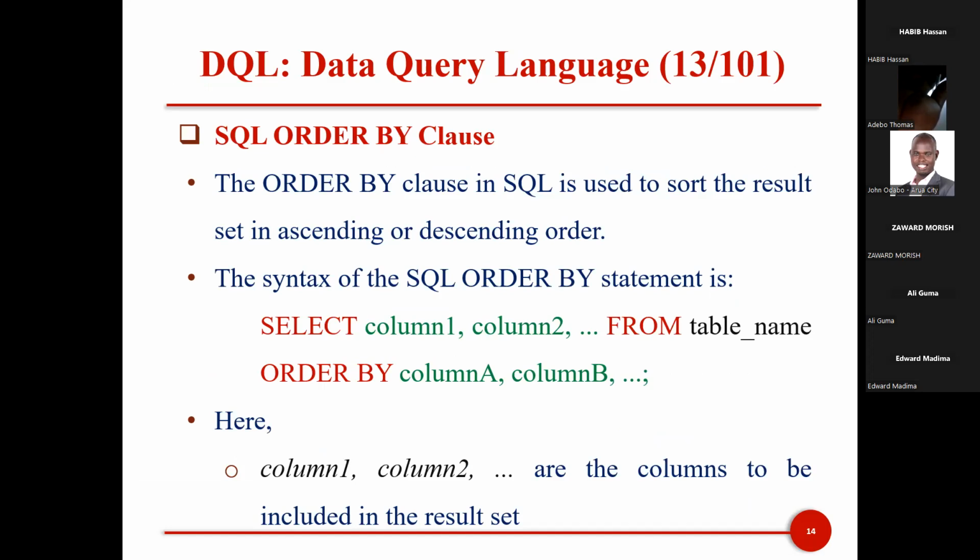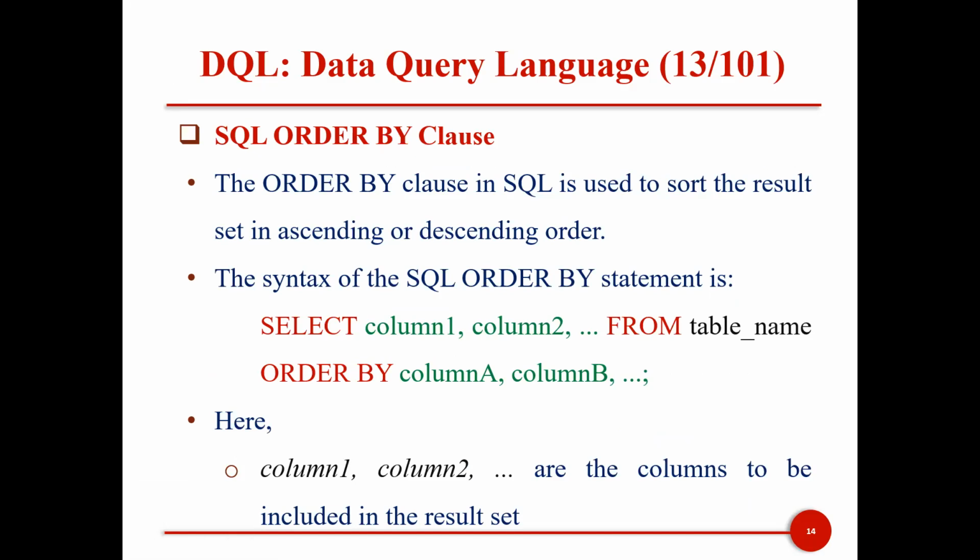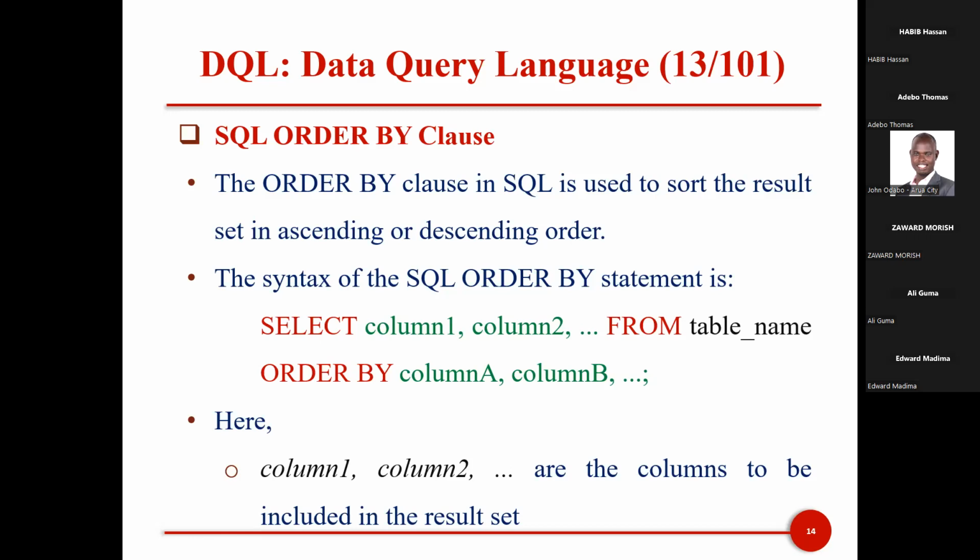The order by clause in SQL is used to sort the results set either in ascending order or descending order. By default, the records are ordered in ascending order. Then you can see later how you use order by. You can order by a single column, or you can order by multiple columns.